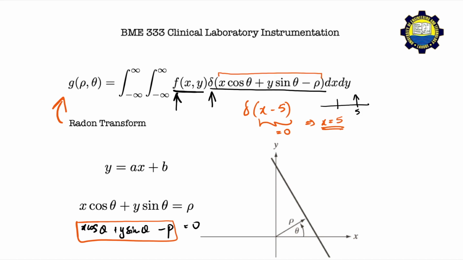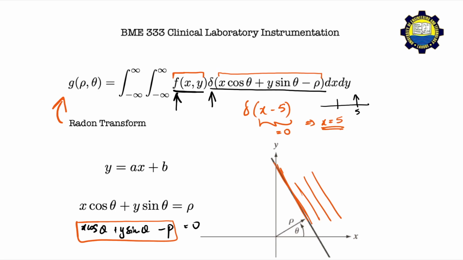This essentially means you are sampling your specimen only at this particular line. In this case it's this line, but for different thetas it could be different lines, or for the same theta and different rhos it could be multiple lines.